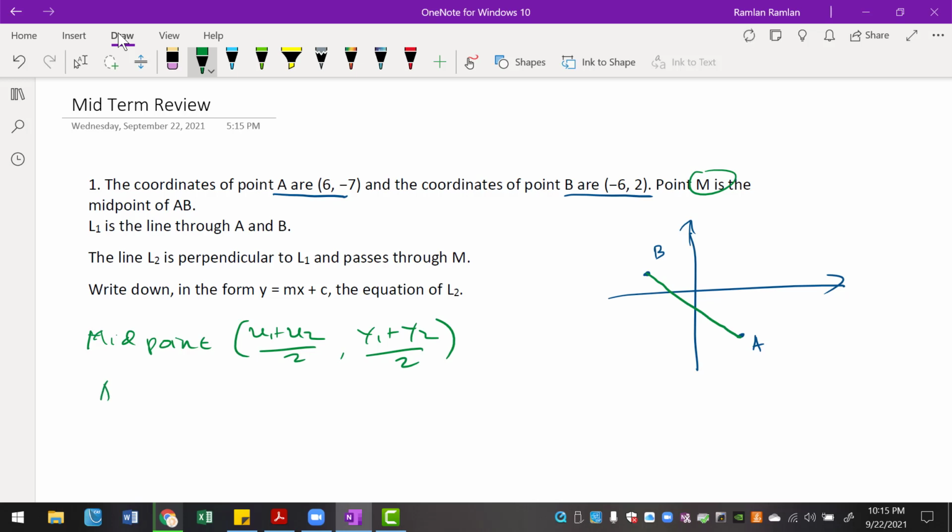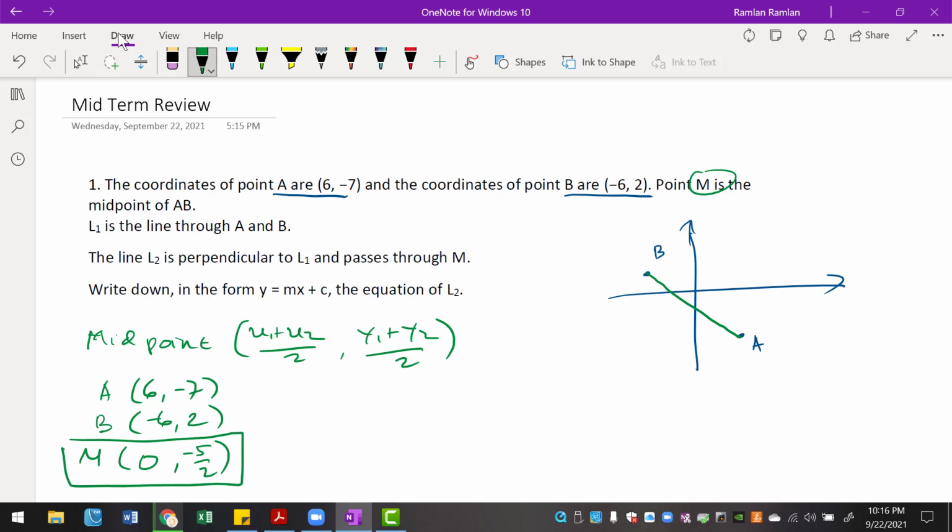Because point A is 6, minus 7, and point B is minus 6, 2, we just add these numbers and divide by 2. So 6 plus minus 6 is 0, and 0 divided by 2 is just 0. Then minus 7 plus 2 is minus 5, and minus 5 divided by 2 is minus 5 over 2. So this is the coordinates of M.